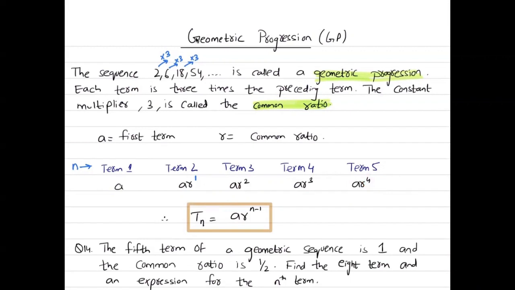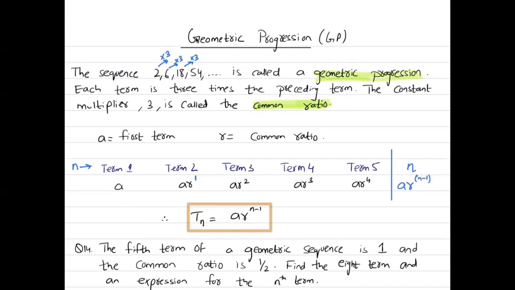So can I say that the nth term in this sequence is going to be ar to the power of n minus 1? That is the general formula for finding the nth term in a geometric progression. Tn is equal to a times r to the power of n minus 1.